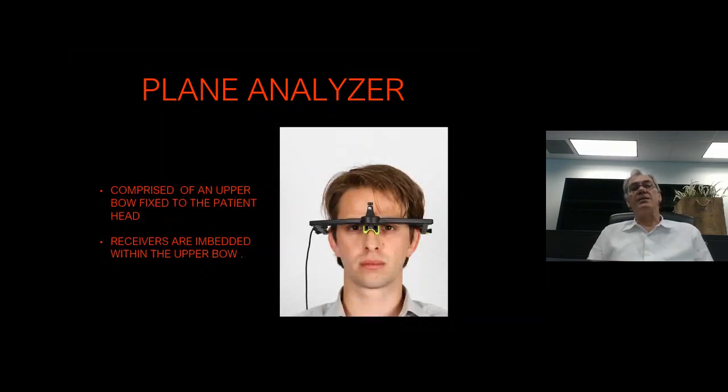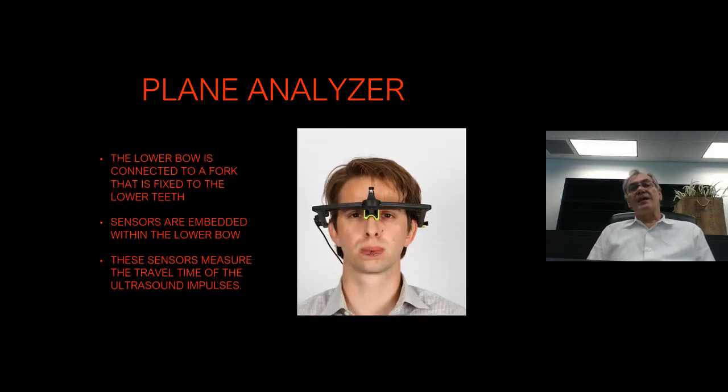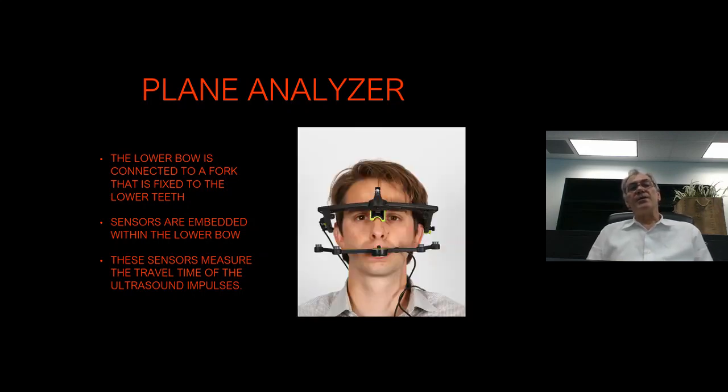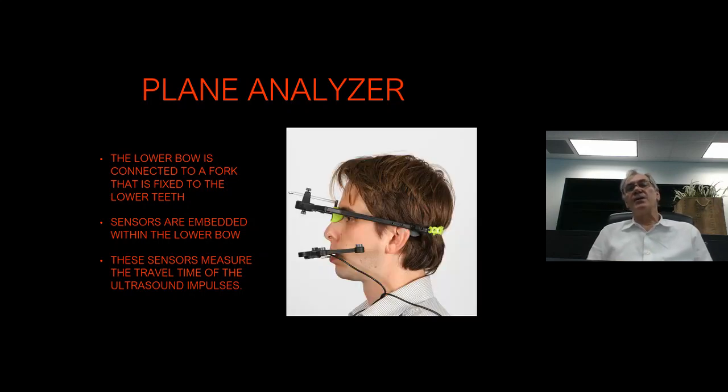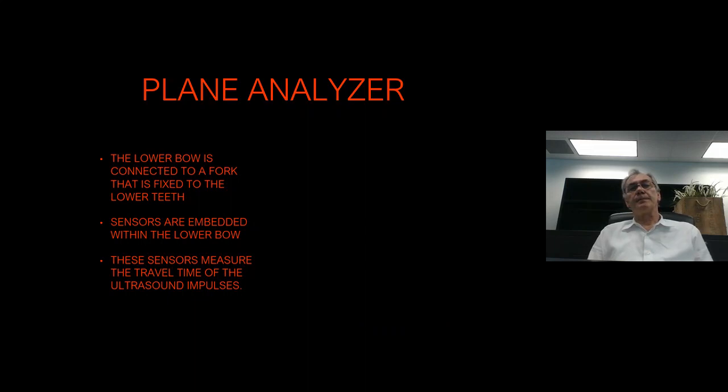The Plane Analyser is comprised of an upper bow that's fixed to the patient's head, and within the bow are embedded the upper receivers. The lower bow is connected to a fork that is fixed to the lower teeth, and the sensors are embedded within the lower bow. These sensors measure the travel time of ultrasound impulses in order to deliver specific recordings.